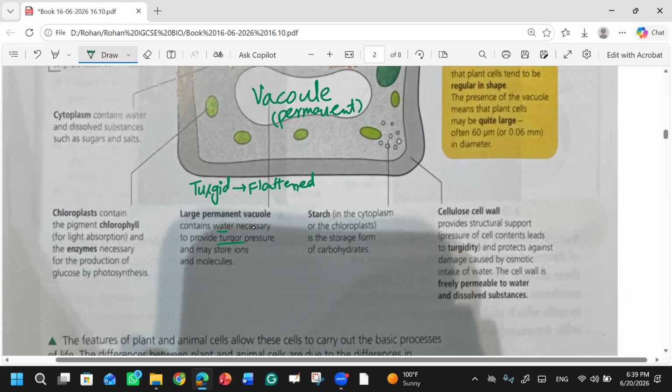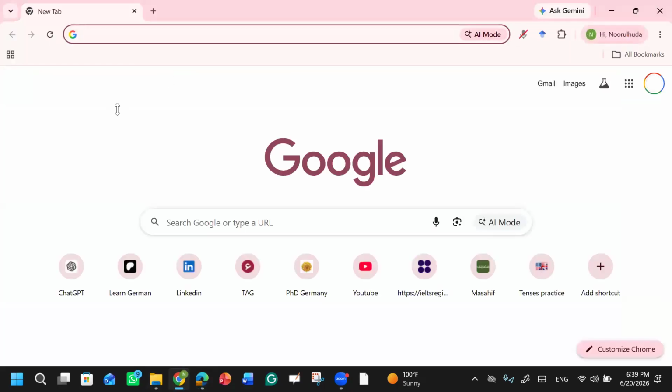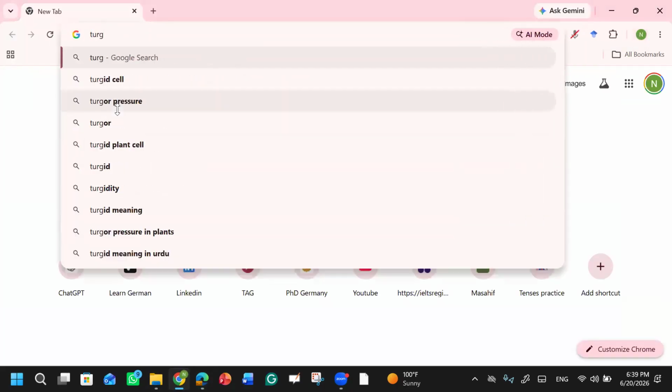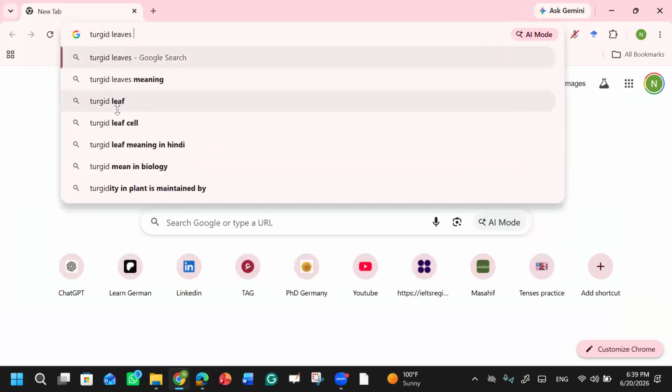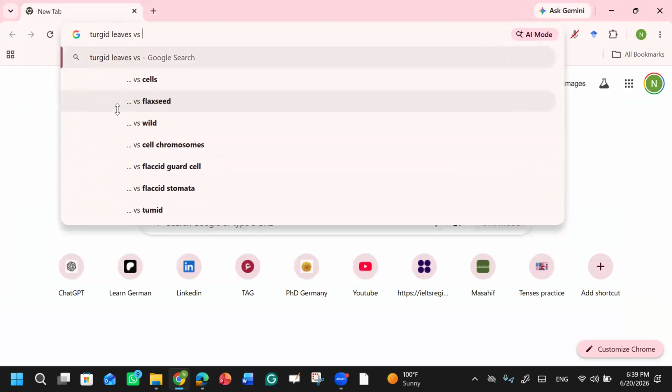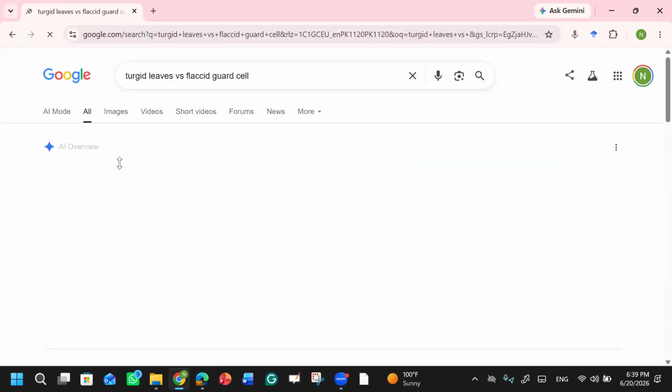Have you ever noticed turgid leaves? I can show you this, turgid versus flaccid.